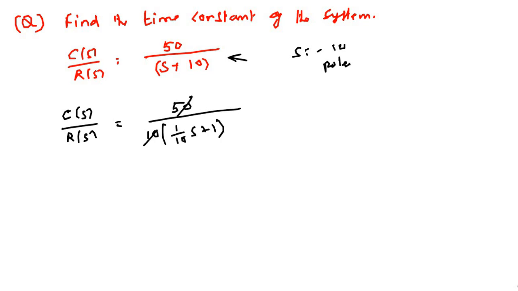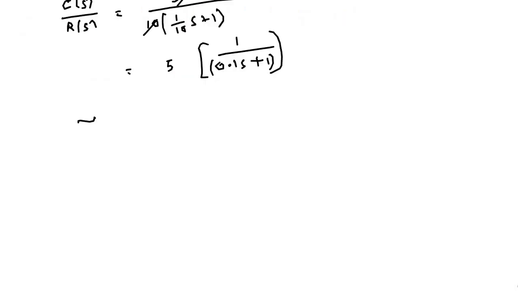This 10 and 50 you can cancel, you will have 5 into 1 by 0.1 s plus 1. Now this 0.1 is nothing but the time constant. So time constant tau is equal to 0.1 second.